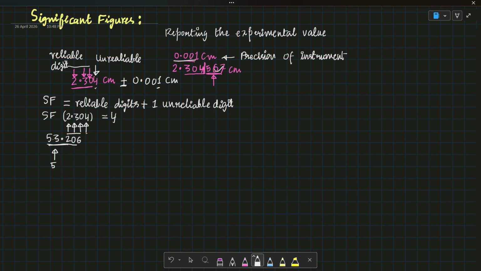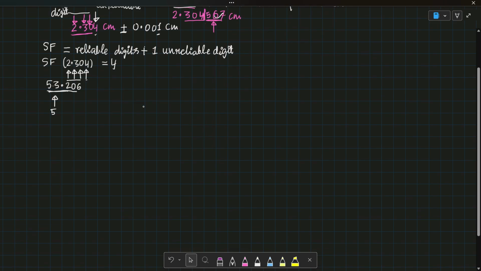There are some rules, because some doubt comes up, and we have to follow them.